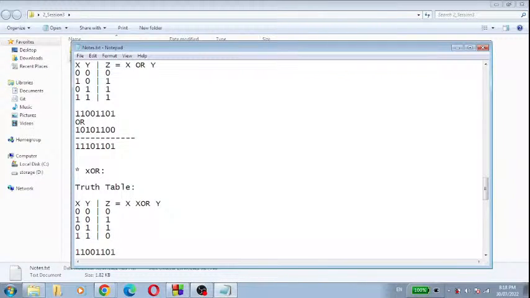Actually, I want to say that there is another rule we could use with the XOR logic operation or logic gate. It's easy.